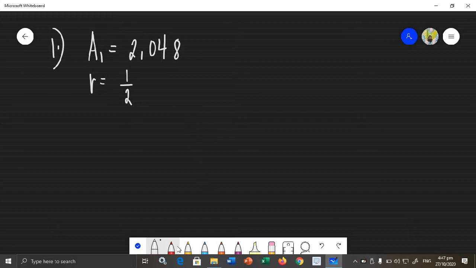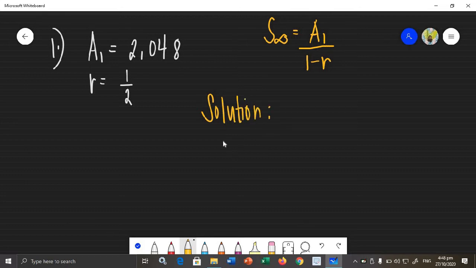Using the formula, S sub infinity equals a sub 1 over 1 minus r. I am going to substitute the given, since problem number 1 already states the given, so we have no problem with that.